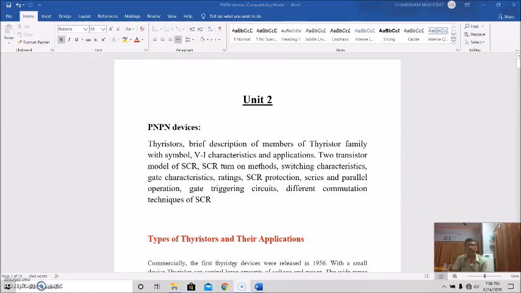So far, in our power electronics class of Unit 2, we have discussed PNPN devices, thyristors, and different members of the thyristor family with their symbols, applications, and characteristics.